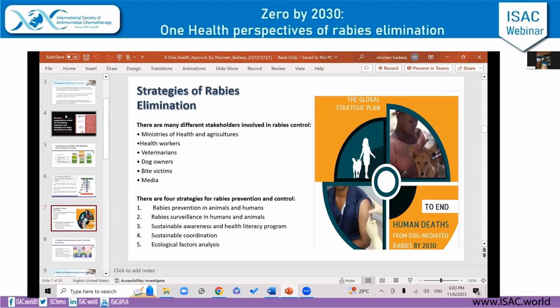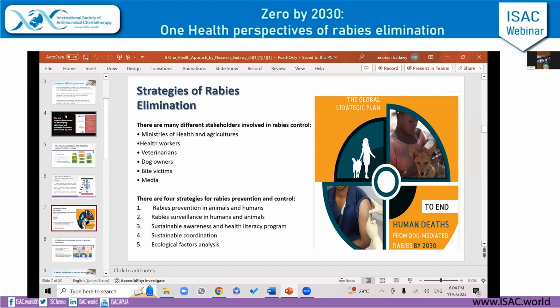These elimination strategies must engage multiple stakeholders in the elimination process, such as ministries of health and agriculture, healthcare workers, veterinarians, dog owners, bite victims, and also media. It's very important for education and awareness. The 4 strategies determined by this united organization for rabies elimination and control start first with preventive medicine and prophylaxis, the most important line of defense against rabies in both animals and humans.